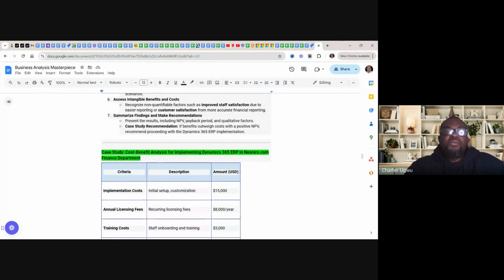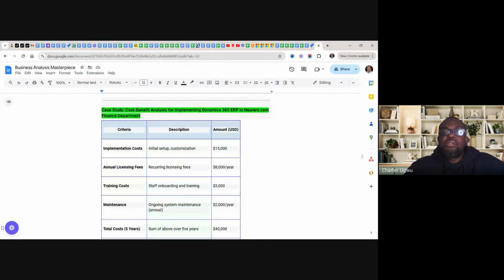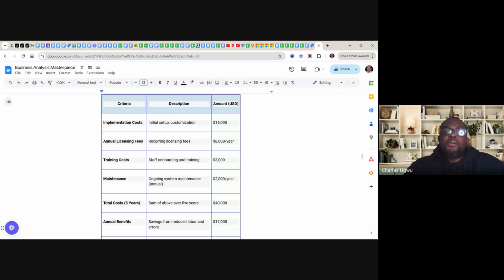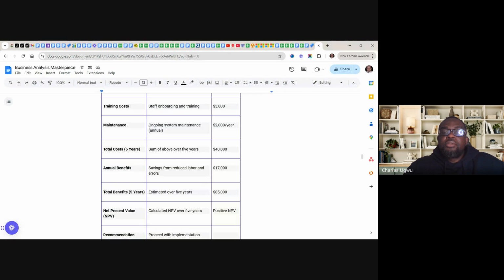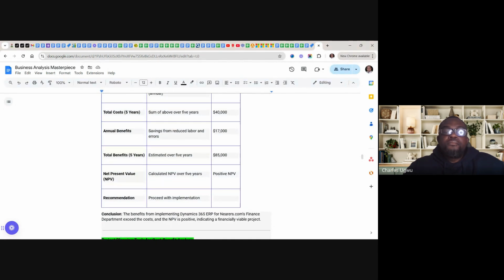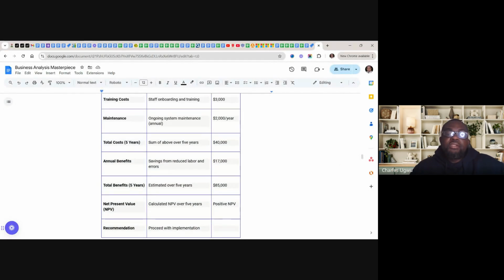And we have a table like this. So this is the cost, and the estimated benefits over 5 years.